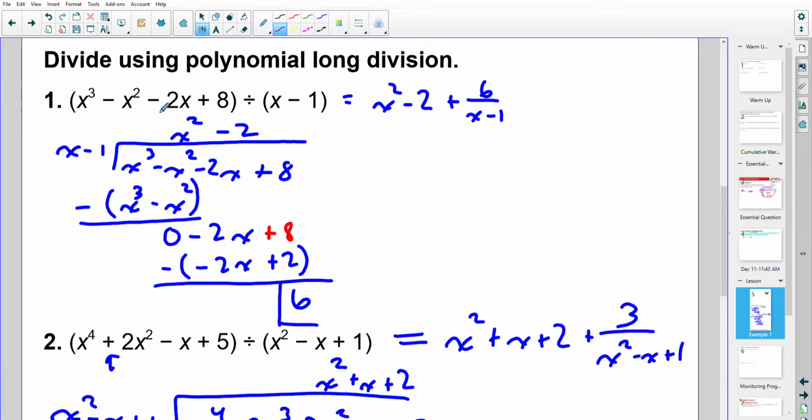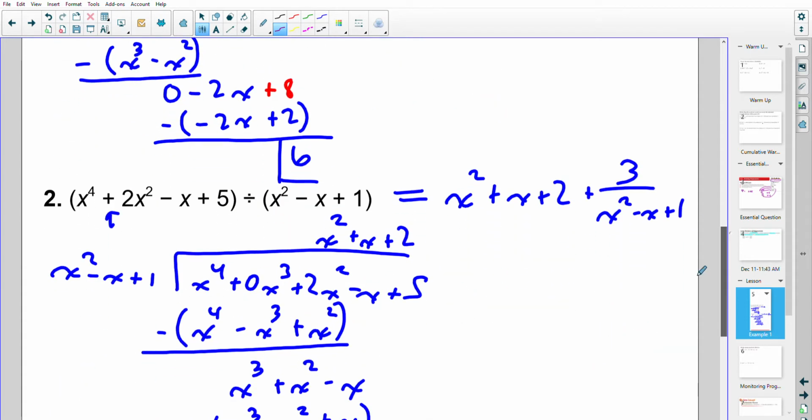Now, a couple things to notice. This is the divisor. It comes here. And very important, if you're missing any terms at all, you have to fill them in with zeros. So, for example, I'm looking at this right here, and this is x to the 4th plus 2x squared.